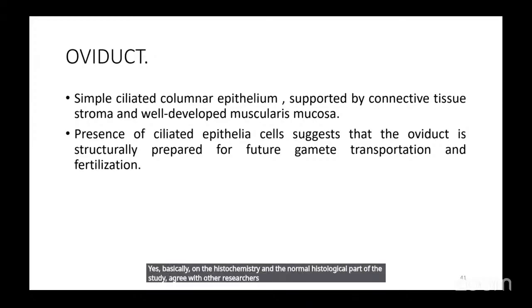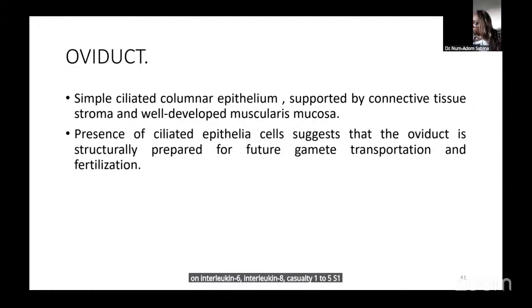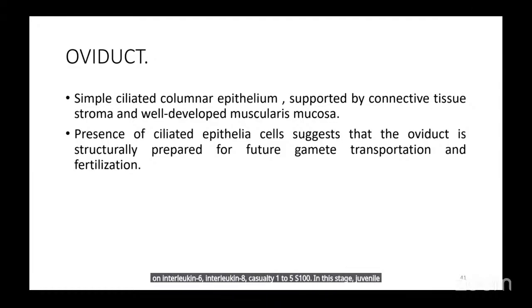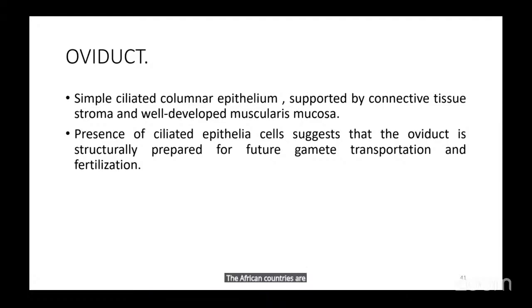But so far, there's no published data on interleukin 6, interleukin 8, calcium 1 to 5, and S100 at this juvenile stage of this particular animal species. So I would say this is the first and novel information revealed by this research on the expression of these markers in the African greater cane rat at the juvenile stage.